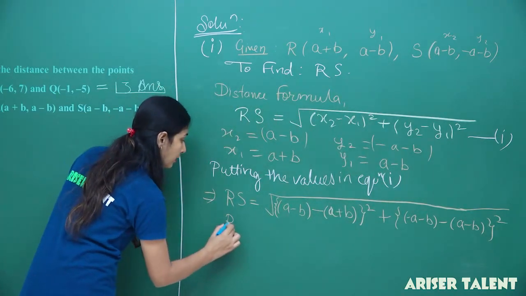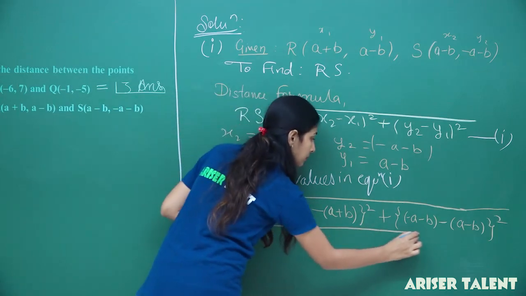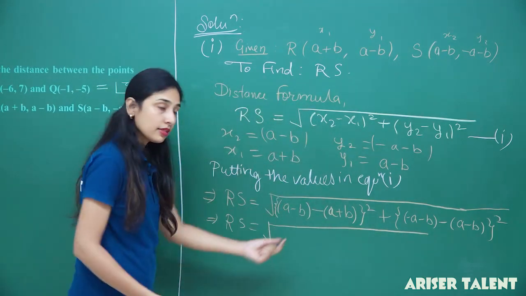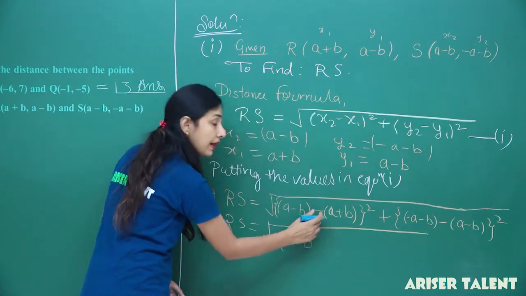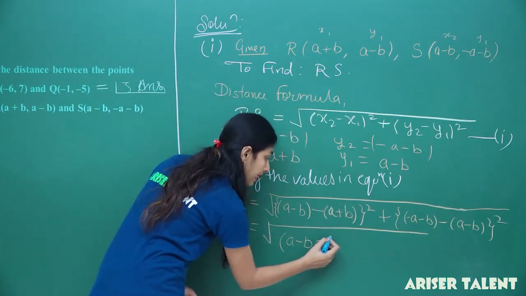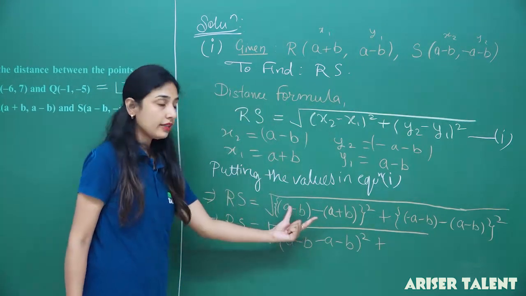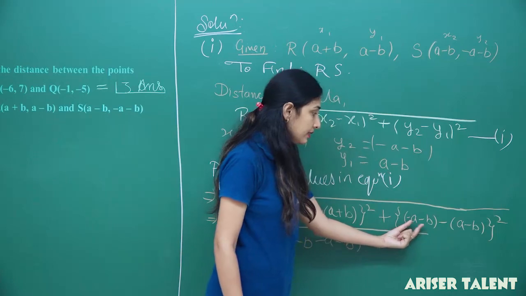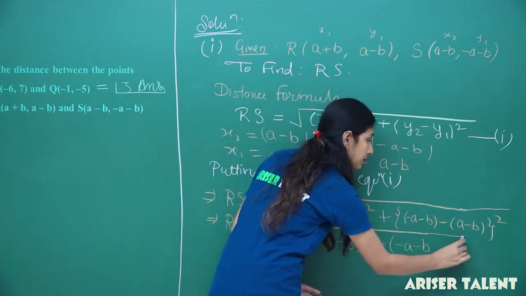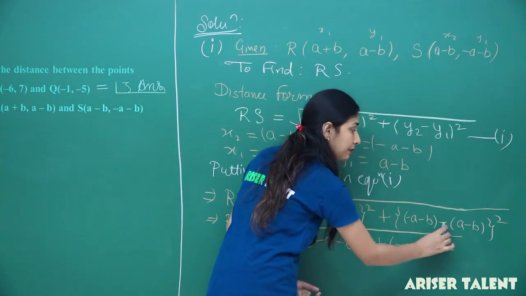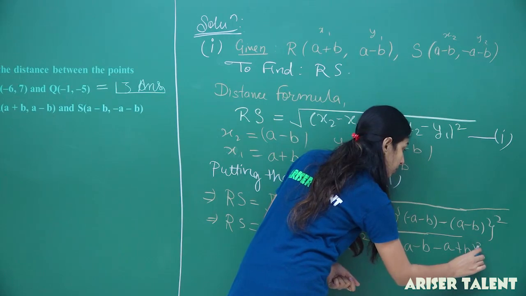Now that will give you RS equals to, now we'll solve this: a minus b as it is, minus a minus b, whole square, plus, solve that thing. Now here, minus a minus b as it is, now minus a and minus is plus, so plus b, whole square.